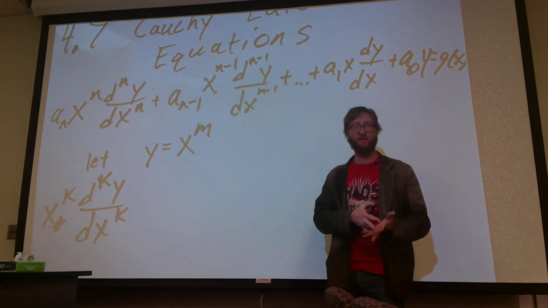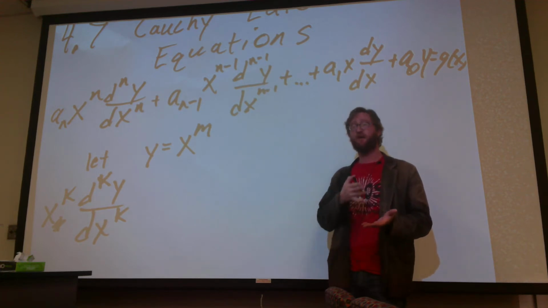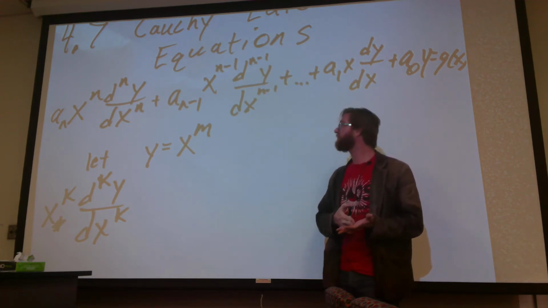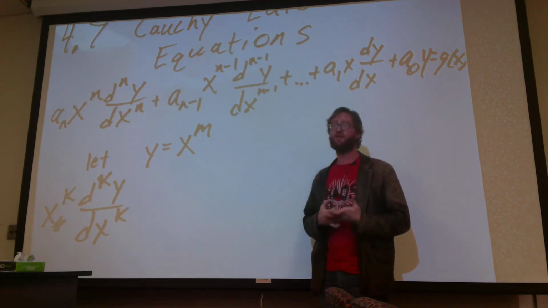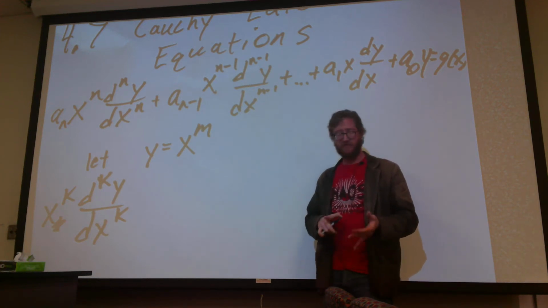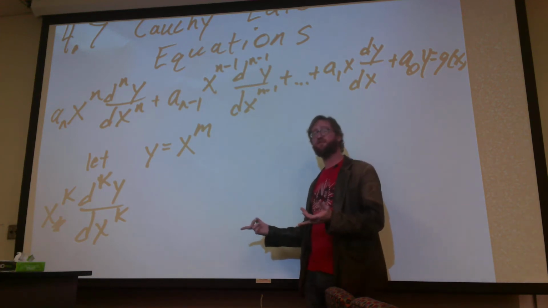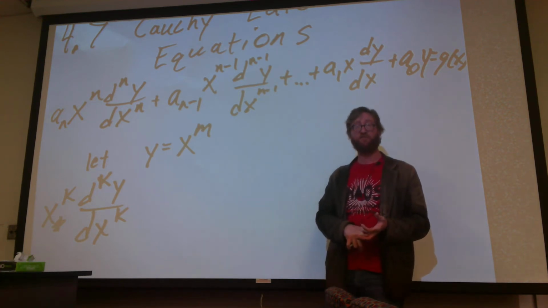It's going to spit out an m minus 1 and drop it down to m minus 2. So that would be m times m minus 1, and then x to the m minus 2. Well, then what would happen with the next derivative? We already have m minus 1. It's going to spit out an m minus 2 and drop it down to m minus 3.